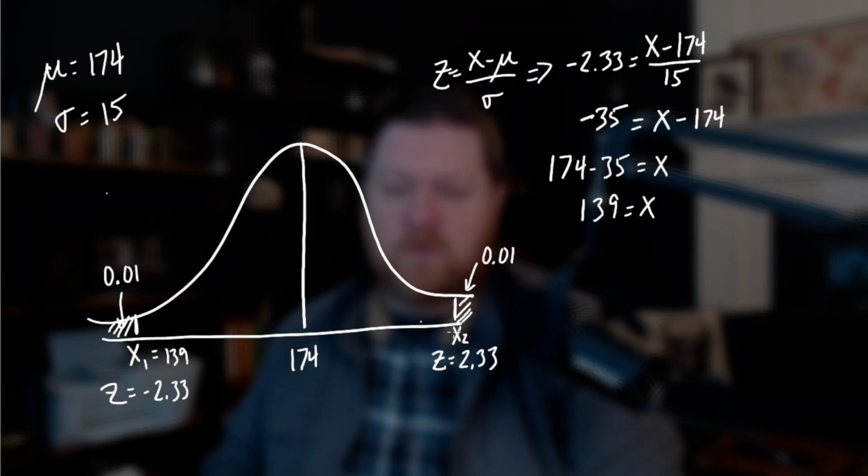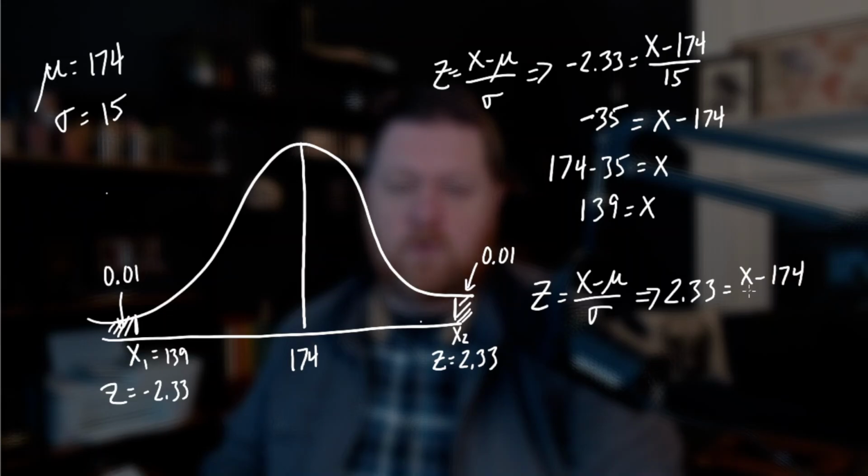Now let's go find the highest over here. To do that, we're just going to redo that same problem again. z is equal to x minus mu over sigma. So 2.33 is equal to x minus 174 over 15. 15 times 2.33 is then 35, which is equal to x minus 174.